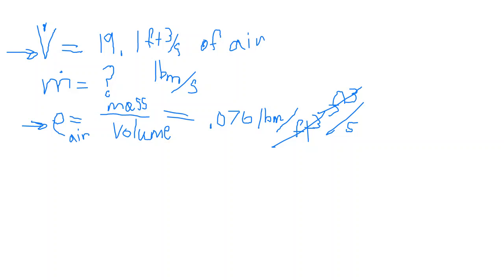So when you multiply that, Felicity, what do you get? M dot is equal to 1.45. Et voila.